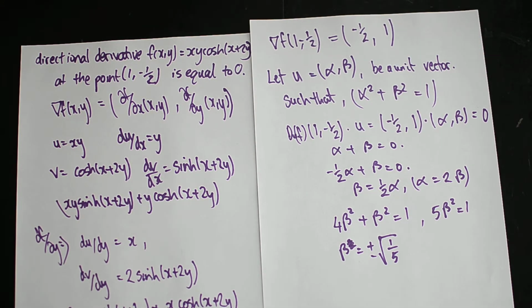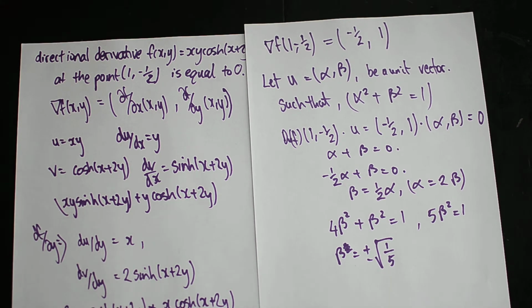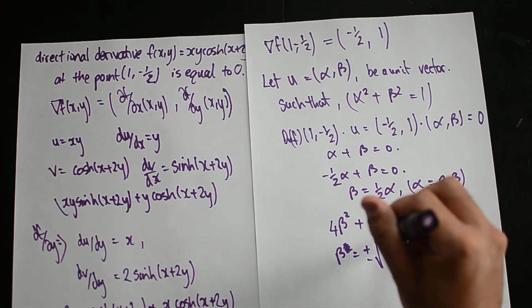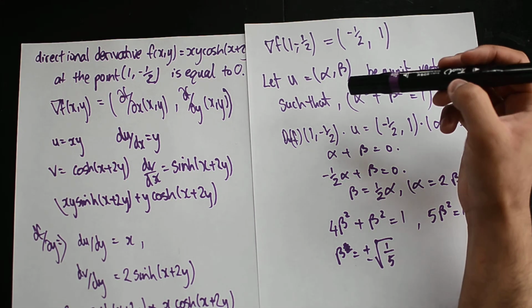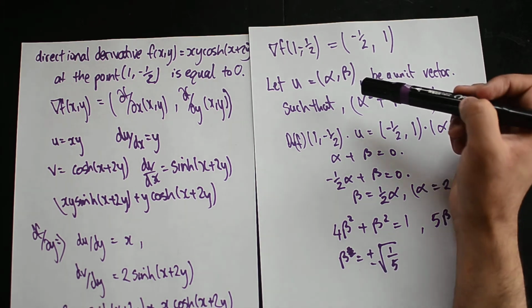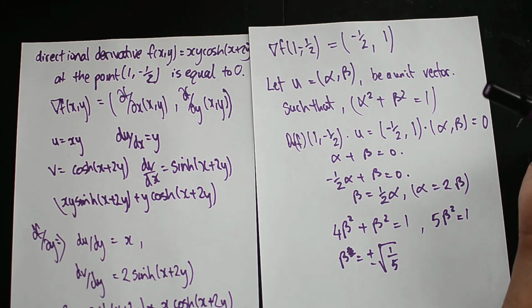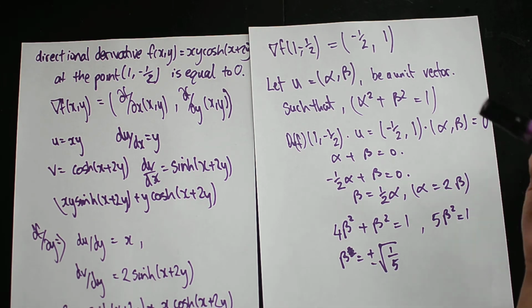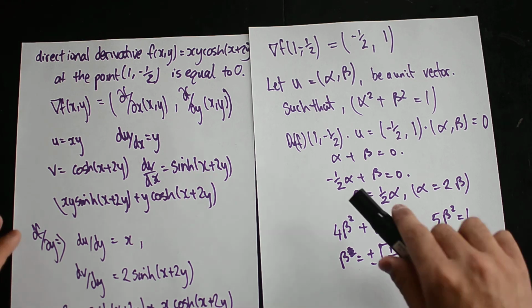So you'd be given maybe a series of solutions, but now that you know that it's plus and minus root 1 over 5, you can plug in the positive of this into here, and then you can plug in the negative of this into here and get your values for alpha, and then you now know the directions in which it is going.